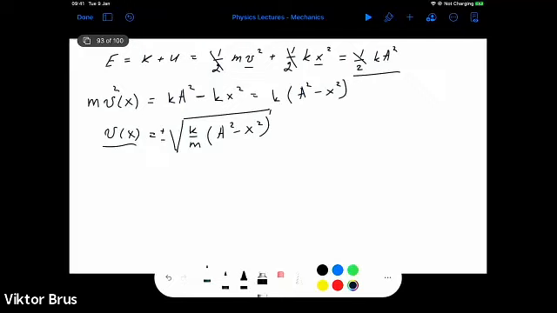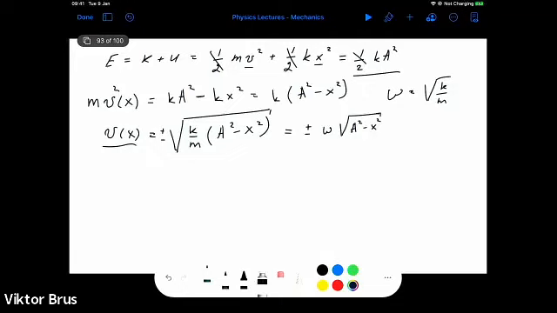So taking into account that omega is equal to square root of k divided by m, we can write here that it will be equal to plus minus omega square root of a second power minus x second power.